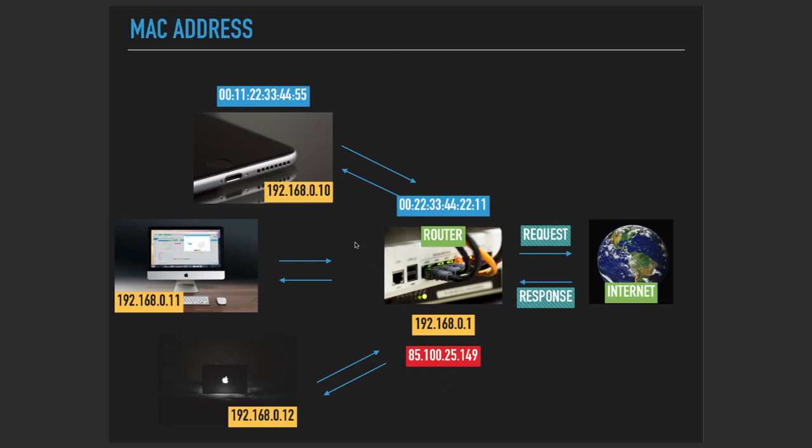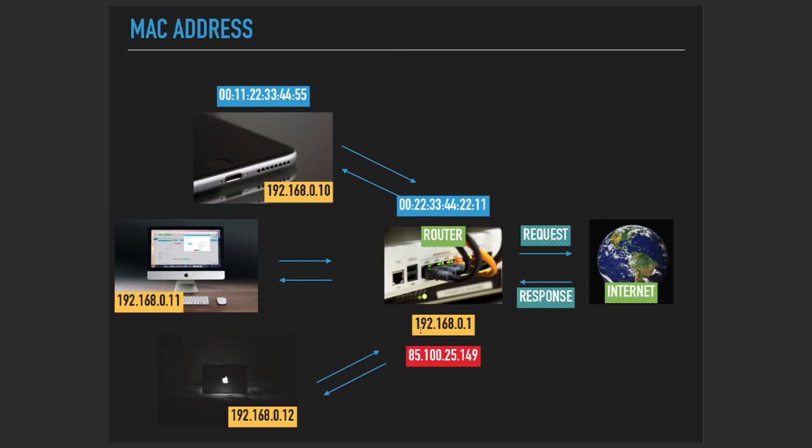Every device connected to this router or modem has this public IP, okay? They all have the same public IP, because the router actually has this public IP and connects to the internet using that IP, and this is assigned by our service provider.